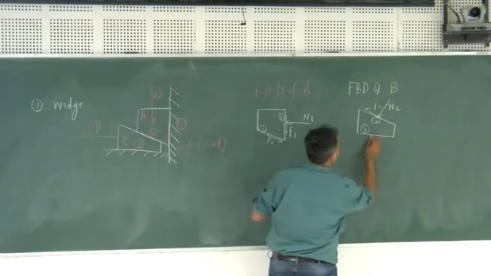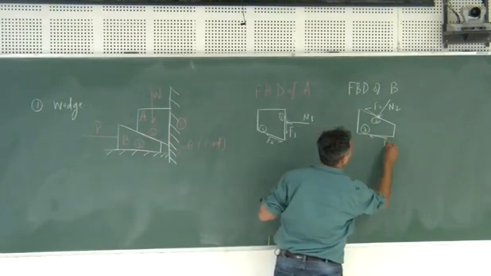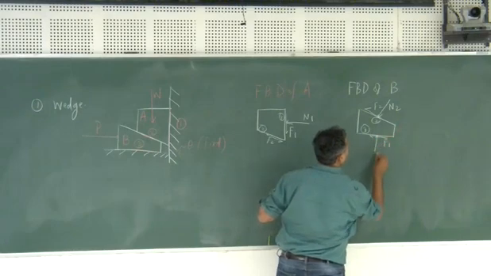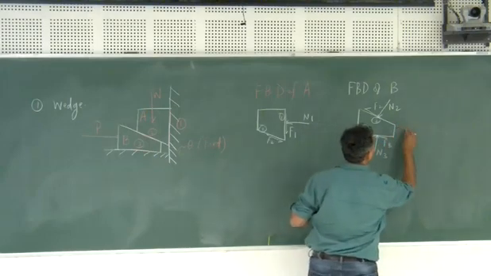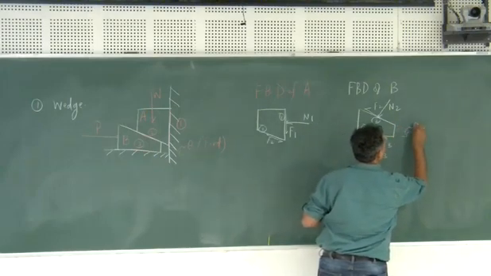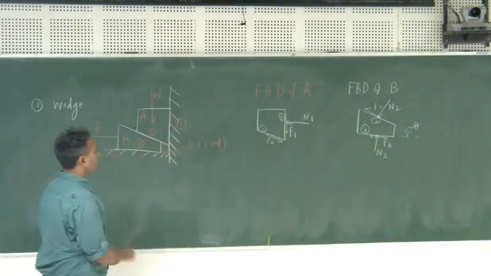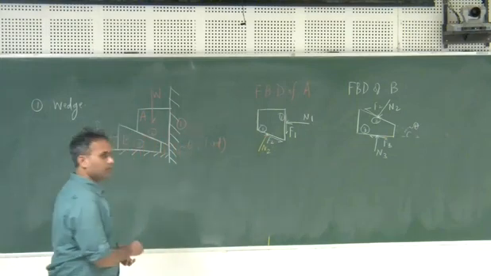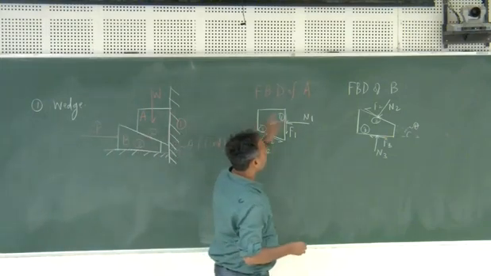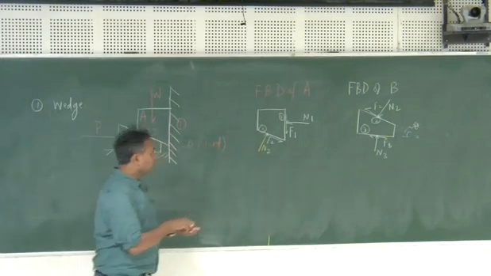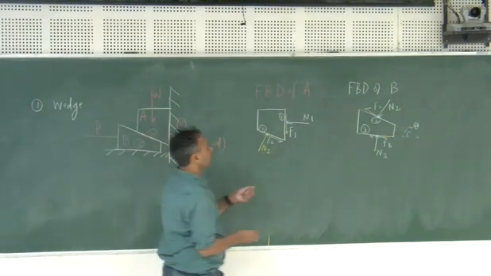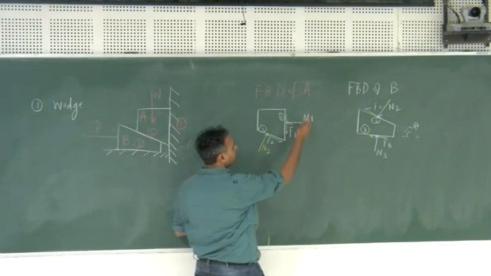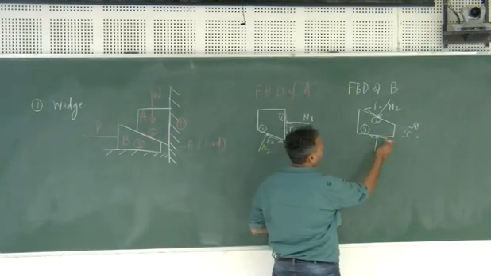So here again you will have F1, and we know that this angle is theta. This way one can write down what is missing over here, and this way we can draw the FBD of these two blocks. Now to find all these unknowns, how many unknowns are there? 1, 2, 3, 4, 5, 6.